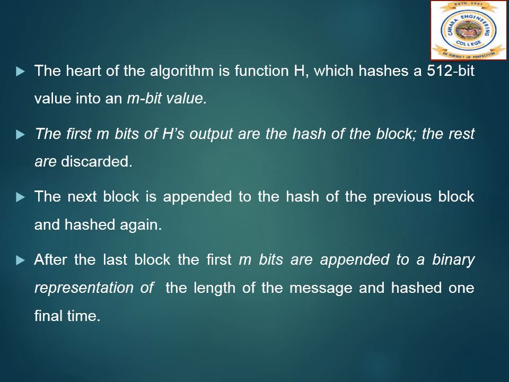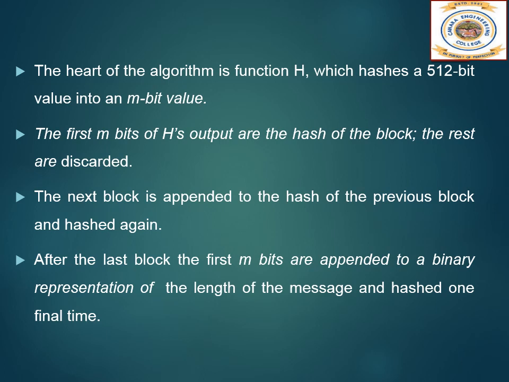The heart of the algorithm is function h, which hashes a 512-bit value into an m-bit value. The first m bits of h's output are the hash of the block. The rest are discarded. The next block is appended to the hash of the previous block and hashed again.